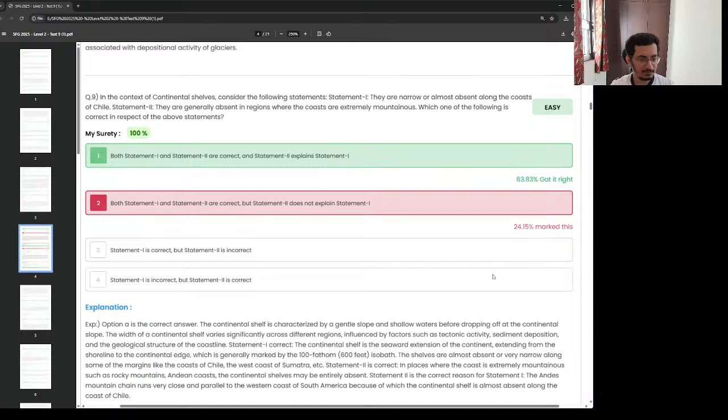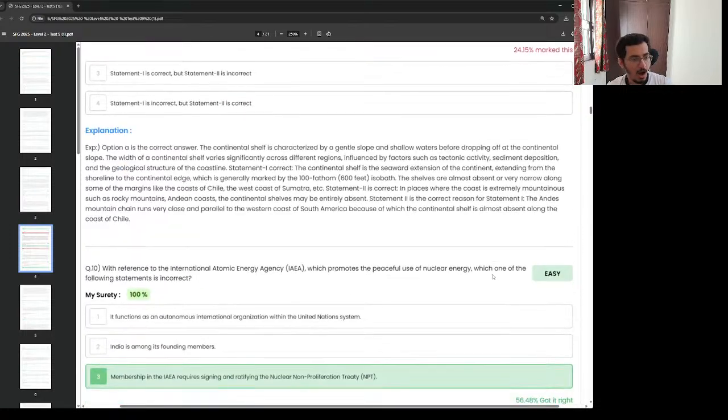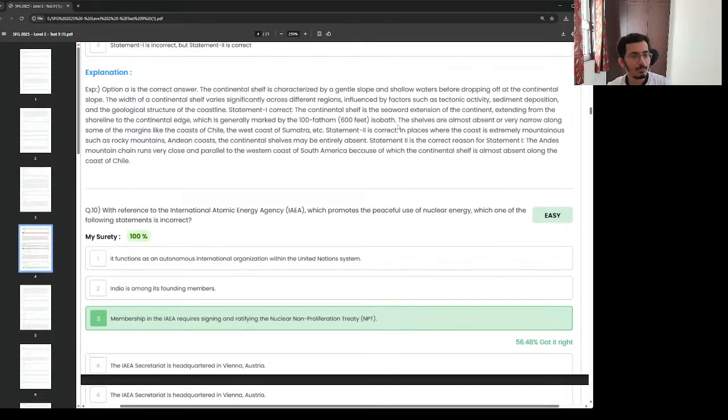So it's not exactly an accurate explanation, but I guess correct me. Coast of Chile, okay. Characterized by gentle slope and shallow waters before dropping out of the continental slope. Yeah, all of that is correct.